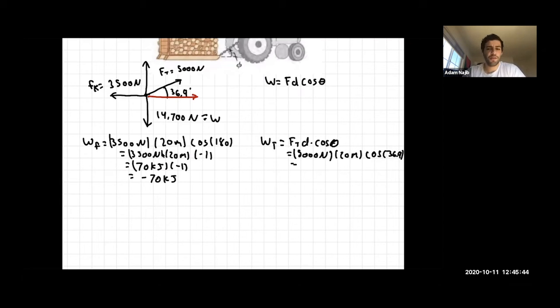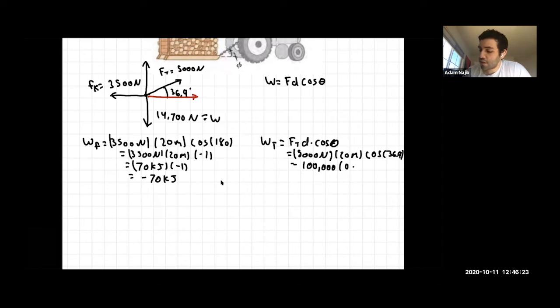Yeah, it should be 100,000. 5,000 times 20 should be 100,000 times cosine of 36.9, which is equal to 0.799. I'm just going to round that up to 0.8. So it should be times 0.8. So this is equal to 80 kilojoules, the work due to tension.